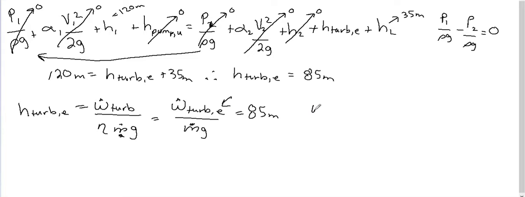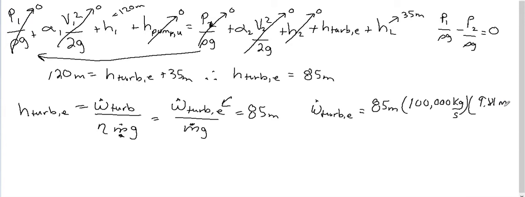So let's just do that here. The extracted power of the turbine is equal to 85 meters times our mass flow rate, which previously we calculated was 100,000 kilograms per second, and of course g is simply 9.81 meters per second squared.